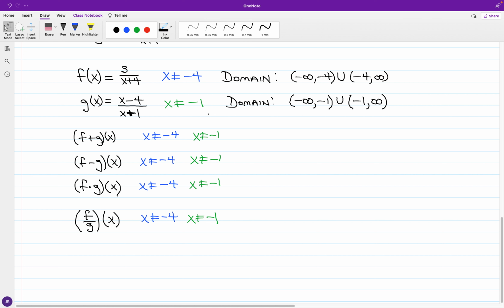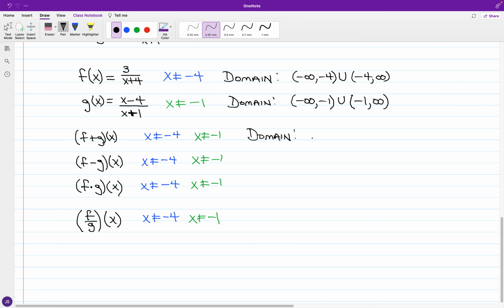Now, for the sum, difference, and product functions, we have not one but two exclusions. Again, they will have the same domain. If you were to rank order, at the lowest extreme you're looking at the set of values x less than the lower of the exclusions, in this case negative 4.